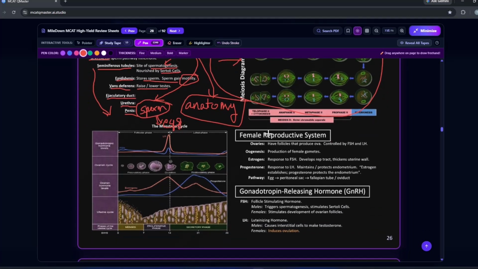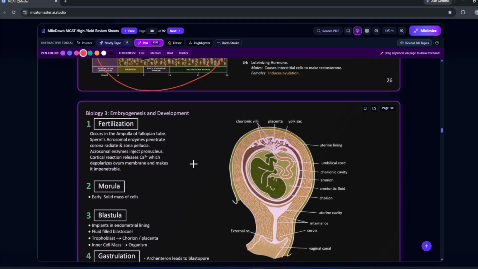Okay, now we get into the female reproductive system. So for the female reproductive system, they have ovaries, which have follicles that produce ova. Follicles are very important to learn because they're part of this whole menstrual cycle, which you also have to learn.